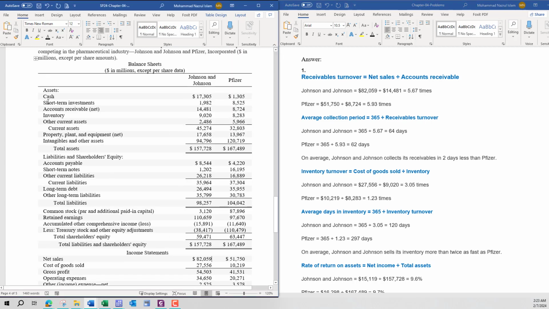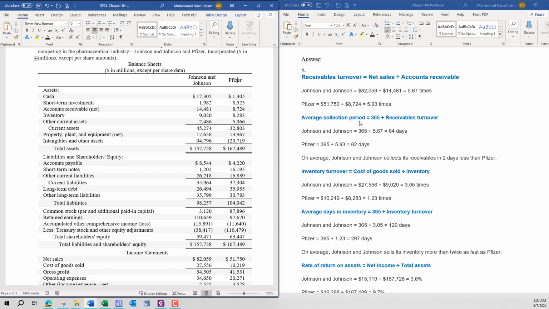Accounts receivable, net, is 14,481. And so the receivables turnover ratio for Johnson is 5.67 times. The same way for Pfizer, it is 5.93 times.